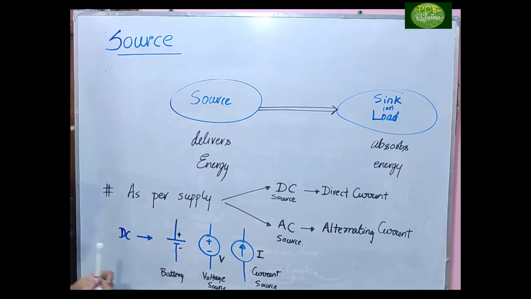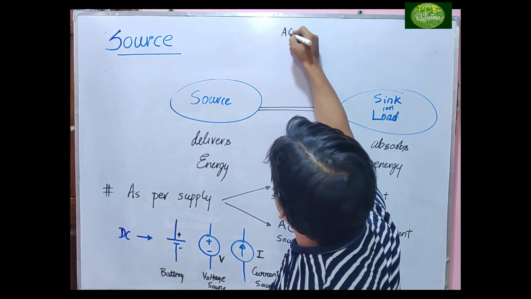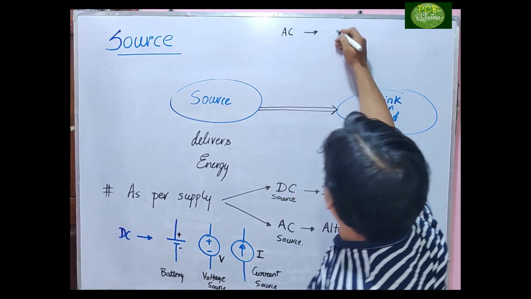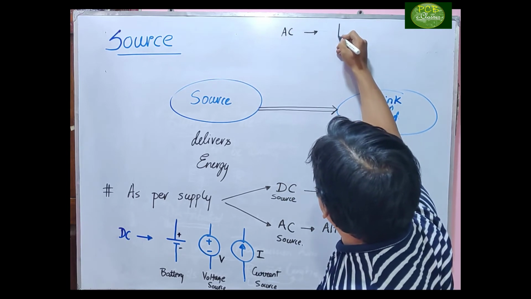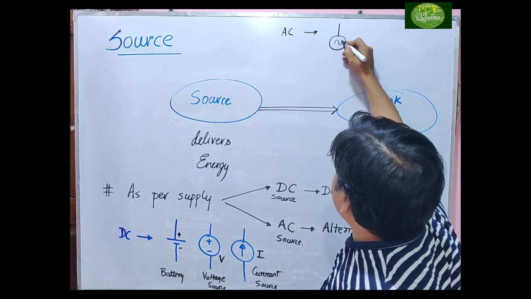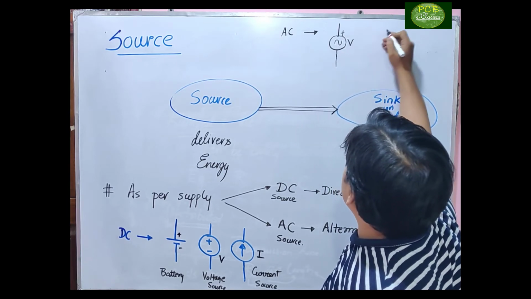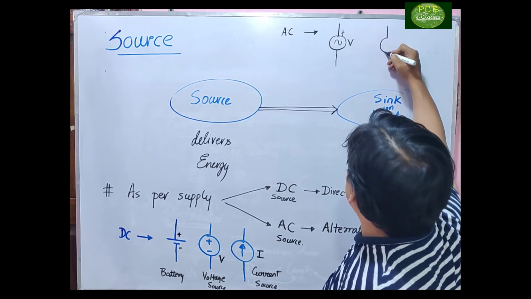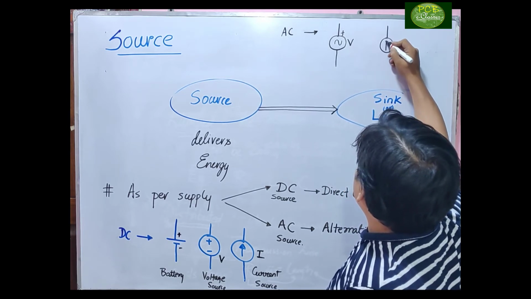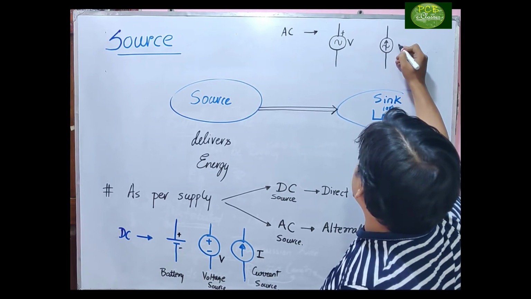DC. This is current source. Fine. Similarly, for AC we are having again this type of source, but its representation is different, alternating in nature. This is positive voltage source, whereas a current is denoted with the direction but alternating in nature, so it is a current source.